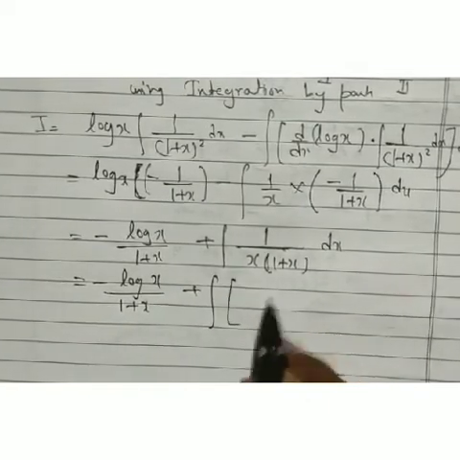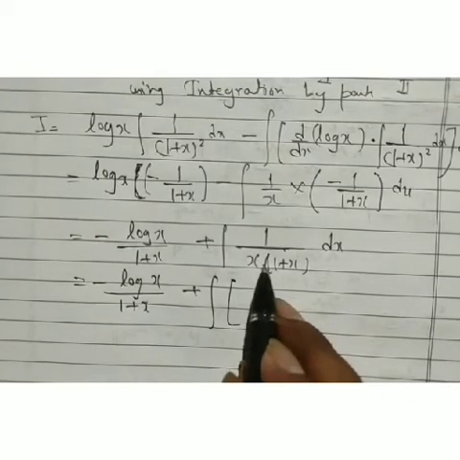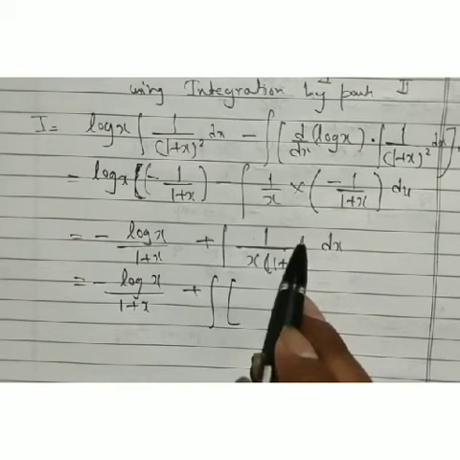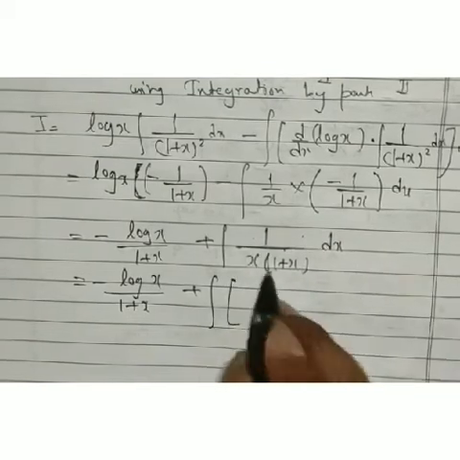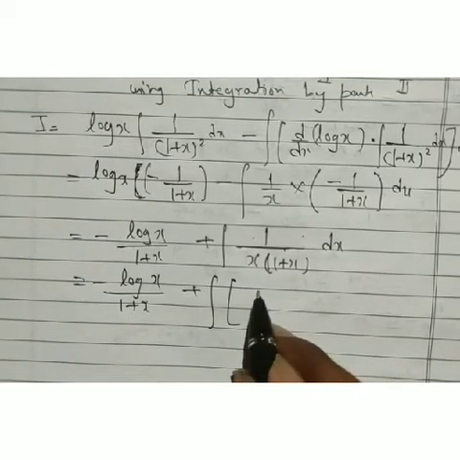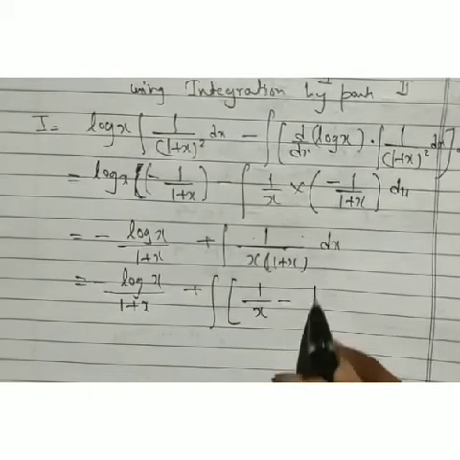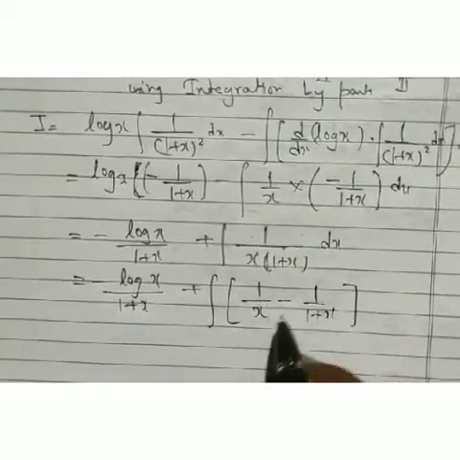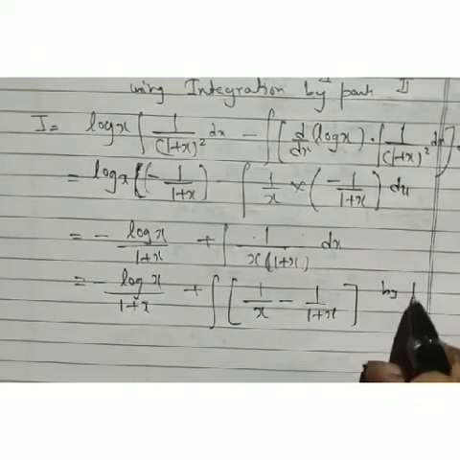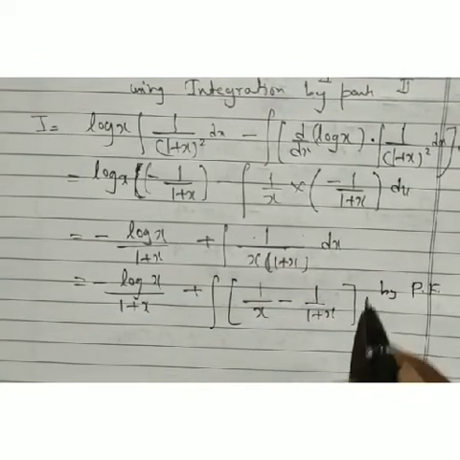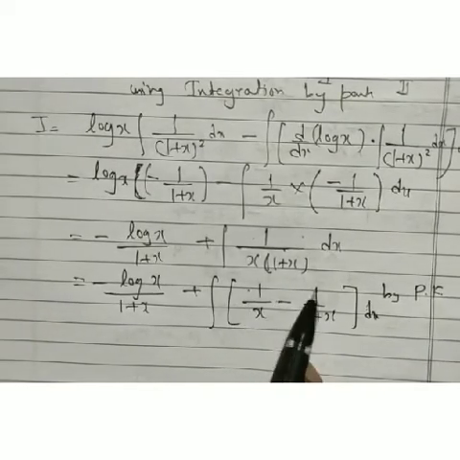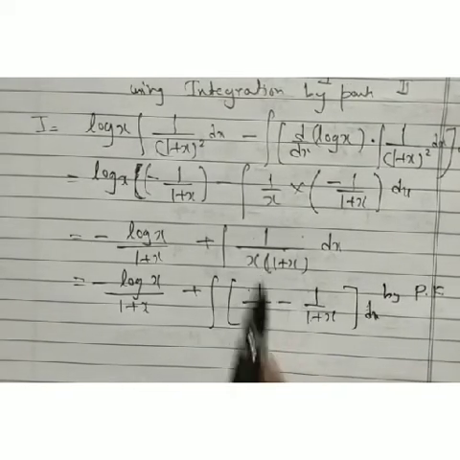Now look, this is x and this is 1 minus x, then 1 plus x minus x, the x cancels out. Now look what we do by using partial fraction: it's 1 by x minus 1 upon 1 plus x. When we take the LCM, we have 1 plus x minus x, the x is cancelled out, then we have 1.